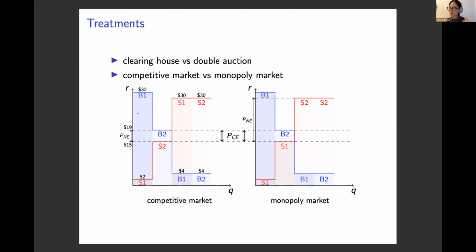That's a reason we think why the clearinghouse mechanism didn't have as high efficiency as a double auction, because the cost of under-revealing is higher. But we did observe some of those, yes. Okay, thanks.